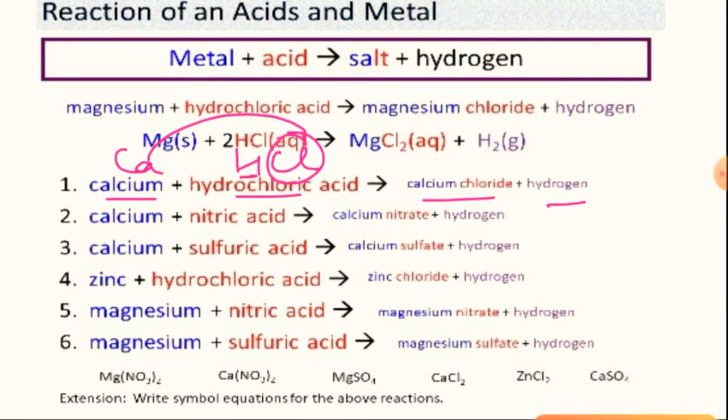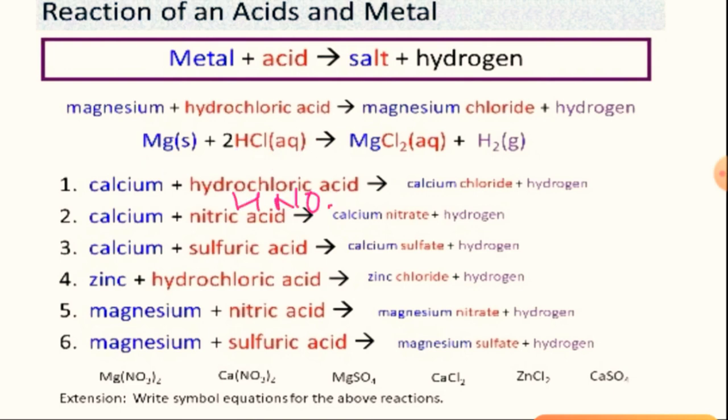Okay, if calcium reacts with nitric acid, what will happen? Nitric acid is HNO3. So calcium will react with nitrate and will form calcium nitrate, and hydrogen will be removed as hydrogen gas. You should remember the valencies of all the cations and anions which you have learned in your previous class.